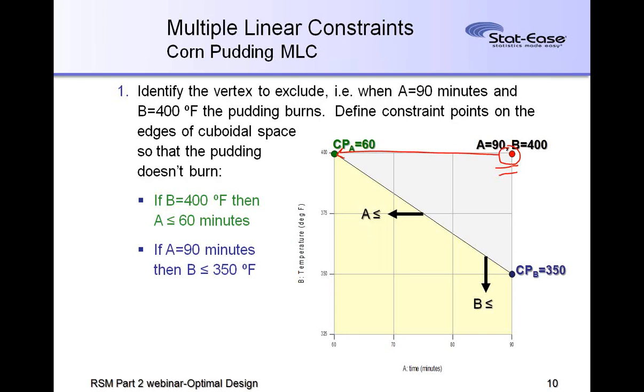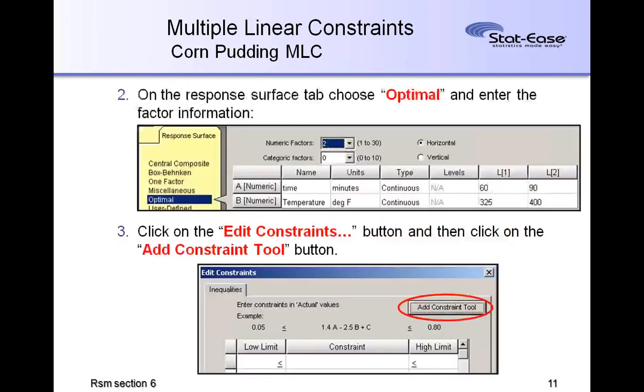Then I also think, what do I need to do with B if I start at this vertex to make this work? And in this case, you back off B to 350 or less. So you just type in B is less than 350, and that will build you your constraint.